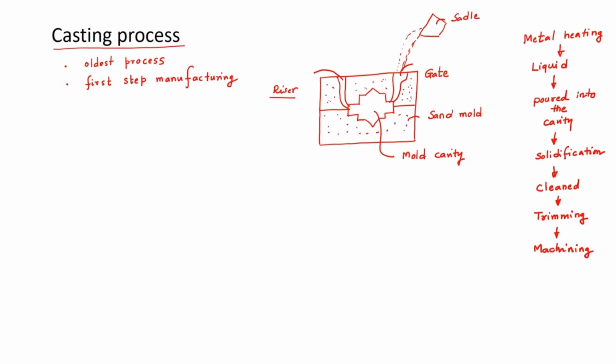Ultimately, after removing the product from the mold cavity, either the mold can be reused if it is possible, or, in the case of the green sand mold, the mold is expendable. So, it is of only one-time use. We have to discard it and recreate another mold for the second attempt.